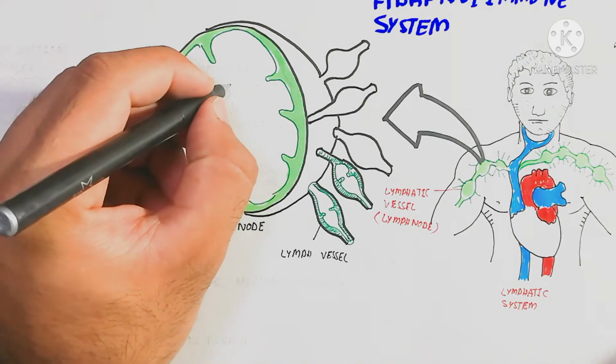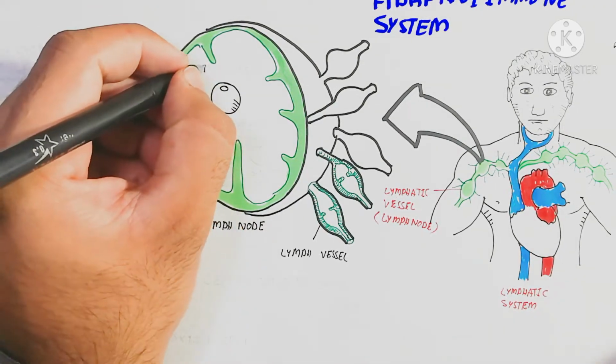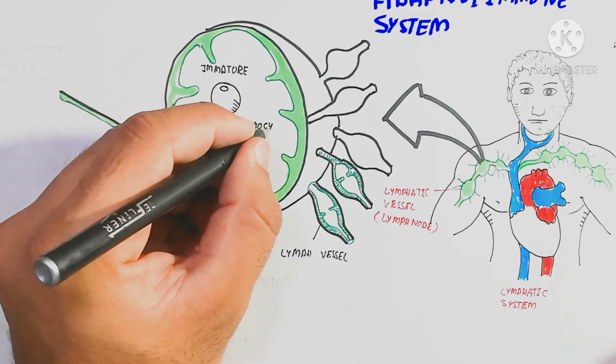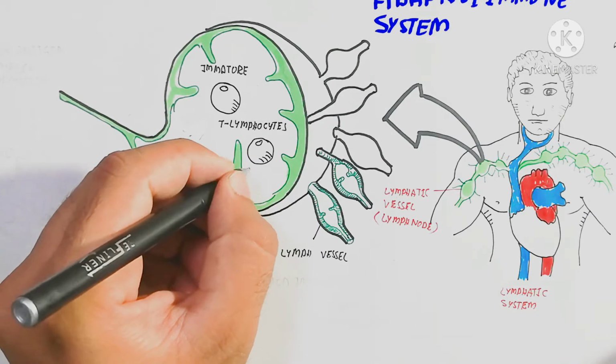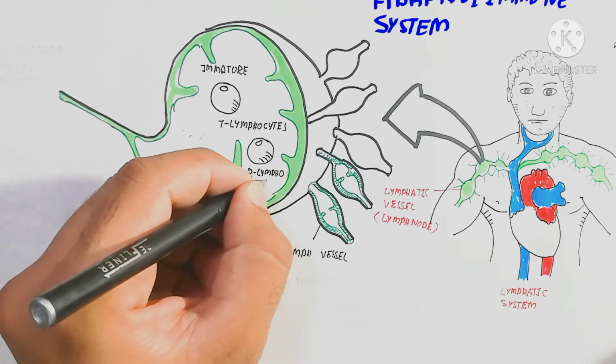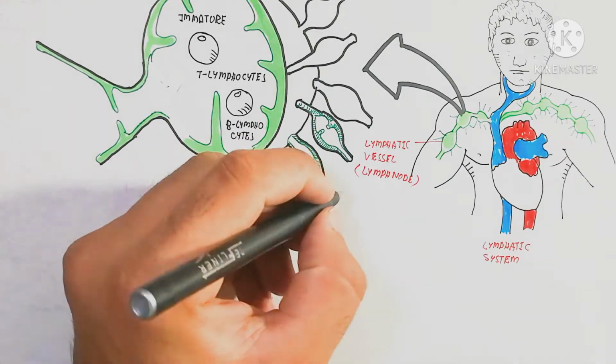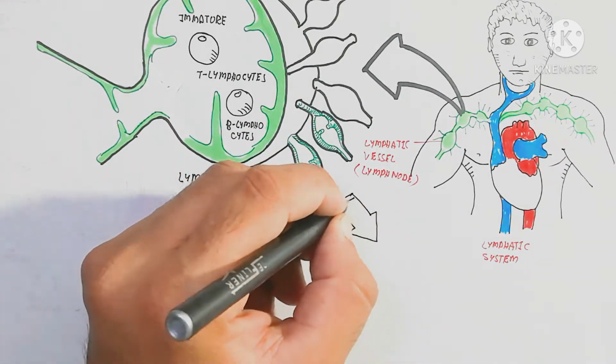The direction of flow in the lymph vessel is unidirectional: absorption of fluid from the tissue, moving toward the subclavian vein to drain it. Here are the B lymphocyte and T lymphocyte.